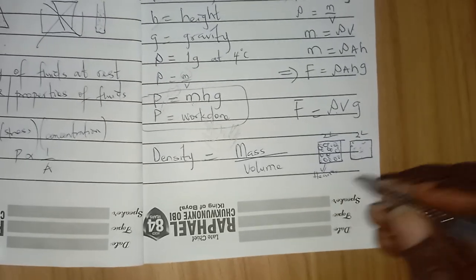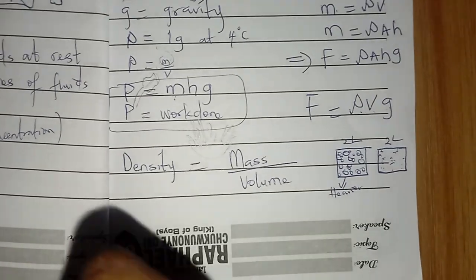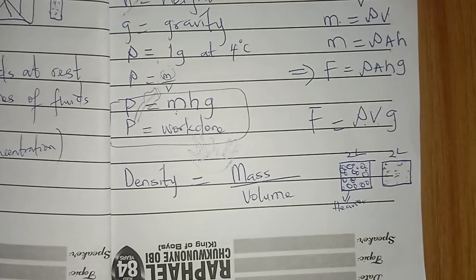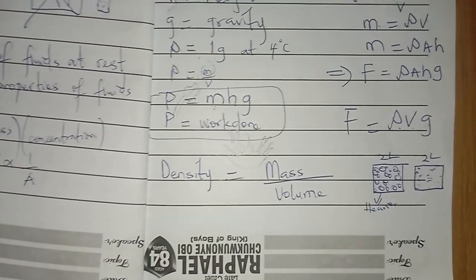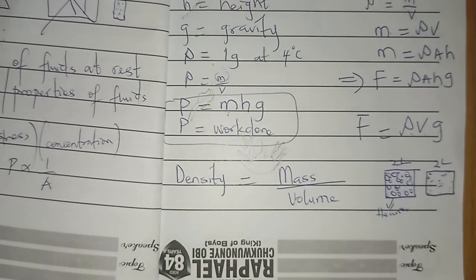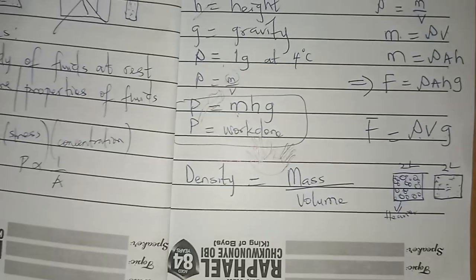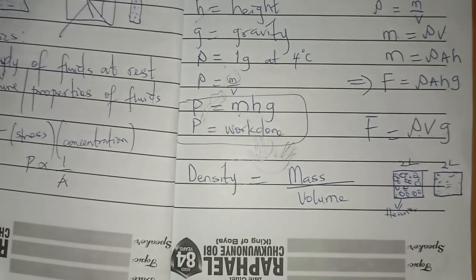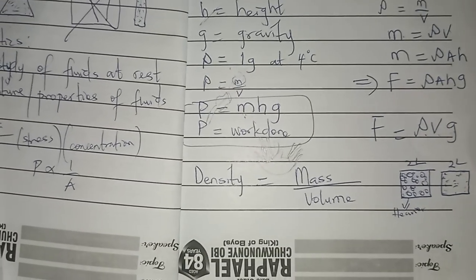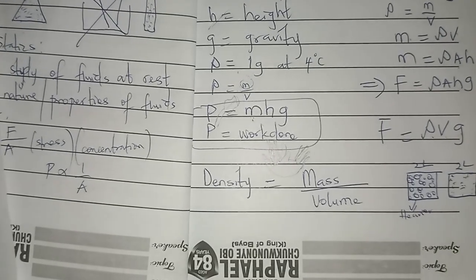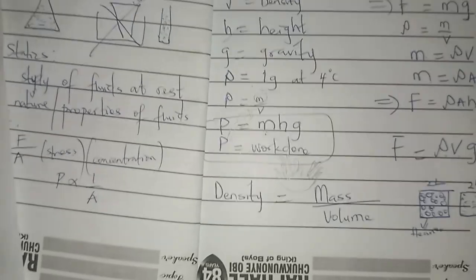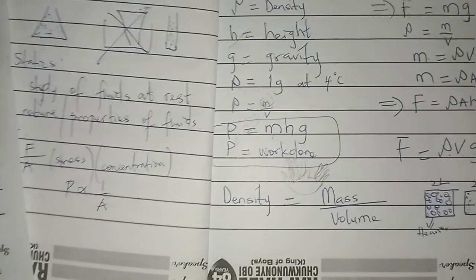So all you need to know from density is that it simply talks about the quantity of a substance contained in the same liter or in the same volume. So whenever you talk about something being dense, it means that thing has mass in a given volume. If you want to think about density, you have to think about it in terms of comparing things.